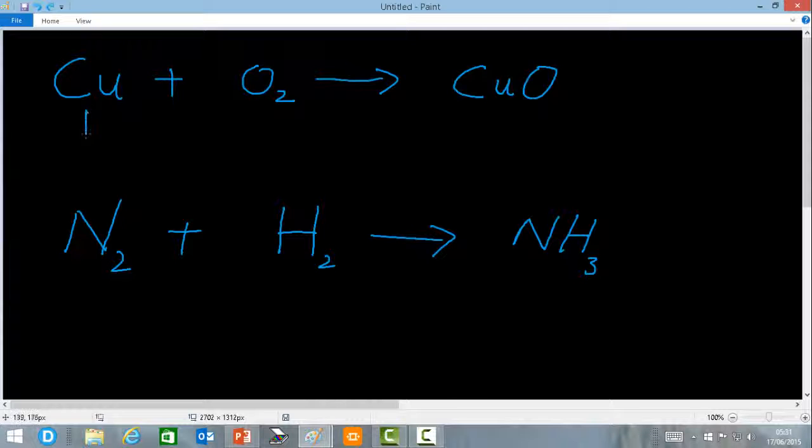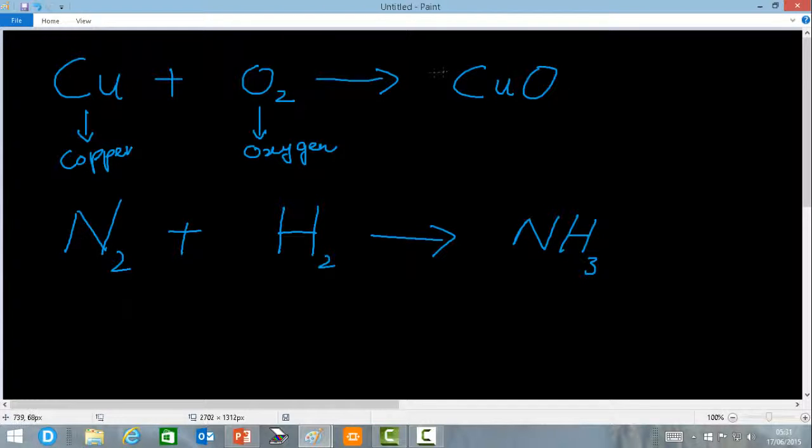So Cu is copper and O2 is oxygen. So now what happens in this? O2 means the atomic state of oxygen is this, and it is always written O2. So 2 molecules of oxygen, but over here it's just 1.